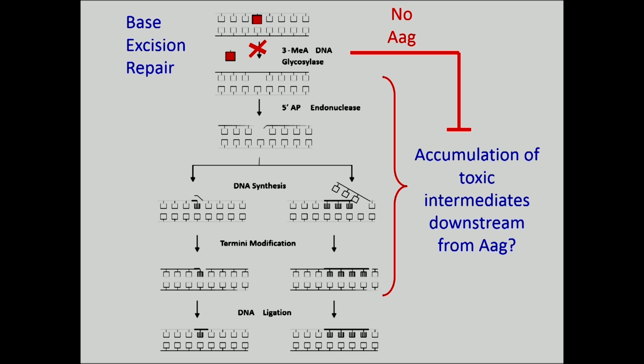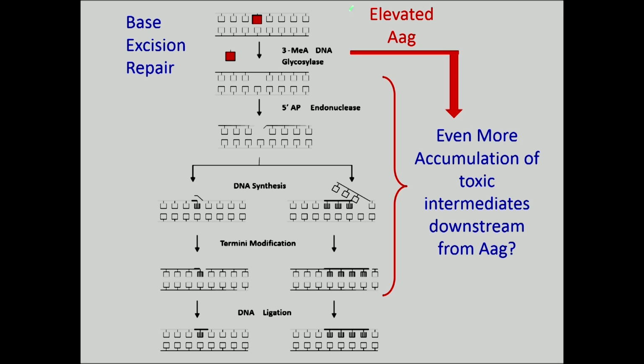And so if you now knock out the ability to even initiate base excision repair at that lesion, the cells become resistant. And the corollary of that would be if you increase the level of the glycosylase, you would get even more intermediates and more cell death.